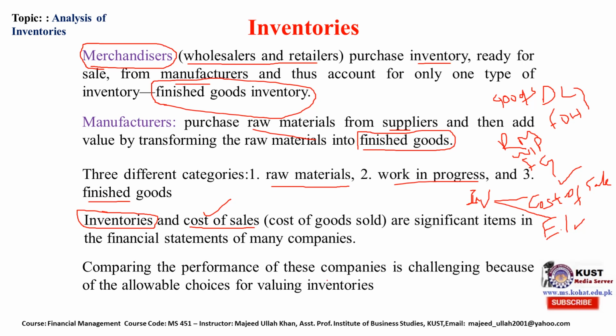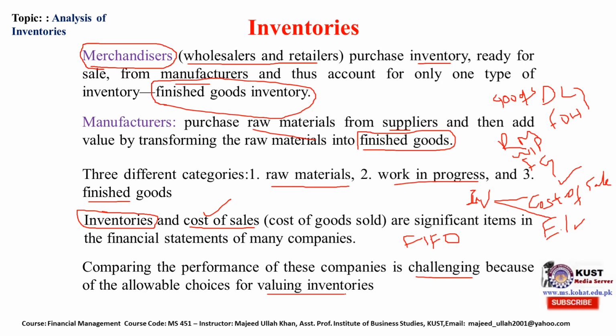If all companies are using the same valuation of inventory, for example if all companies are using the FIFO method, then there is no issue in comparing the financial statements. But if some companies use FIFO, others use LIFO, and some use weighted average cost, then we will face challenges in comparing the financial statements. So comparing the performance of these companies is challenging.